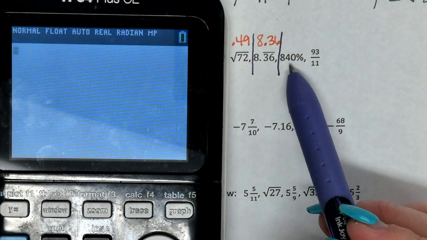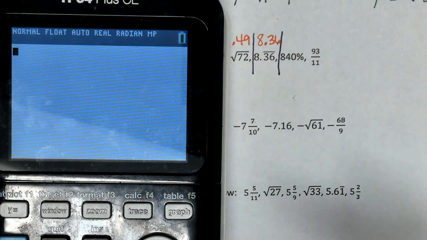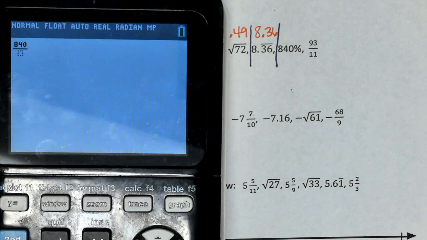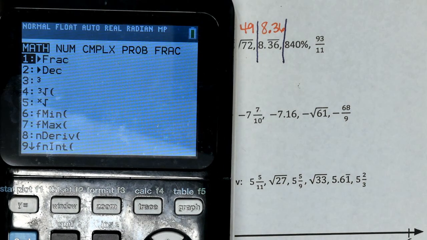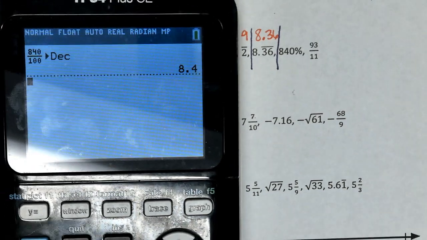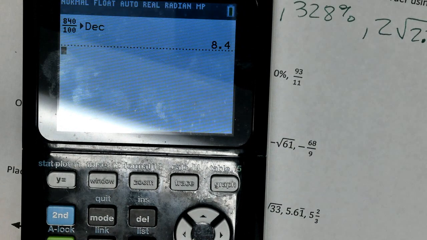All right. How do I change a percent to a decimal? Put it over. So alpha y equals 840 over 100. Now what do I do? Arrow out. Math. Decimal. Enter. Now stop. This is where y'all are going to mess up if you mess up. Does that look like money?